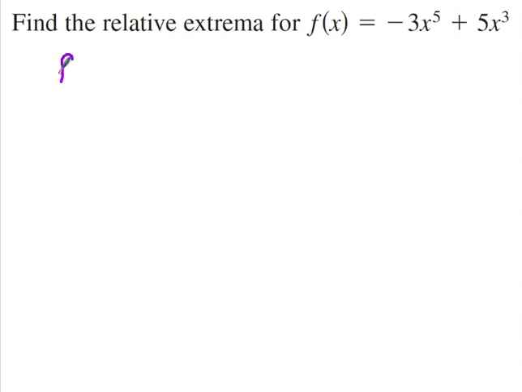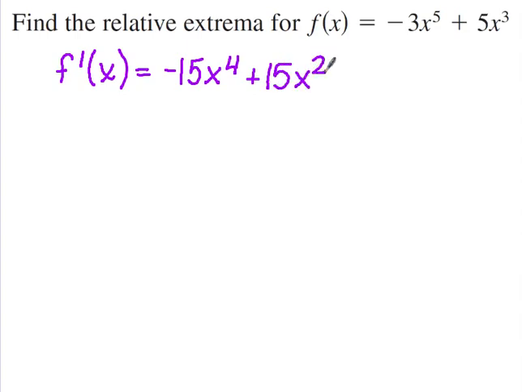First I'm going to find my critical numbers, so I need my first derivative: negative 15x to the 4 plus 15x squared. To find my critical numbers, I set the first derivative equal to 0. So what do I get?